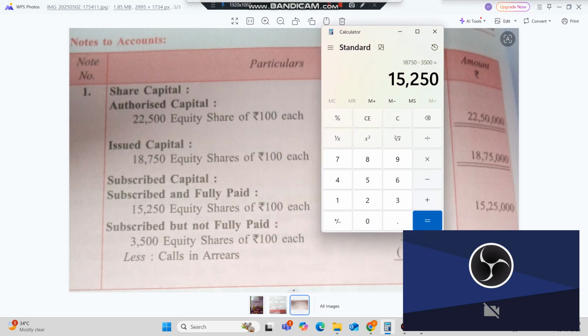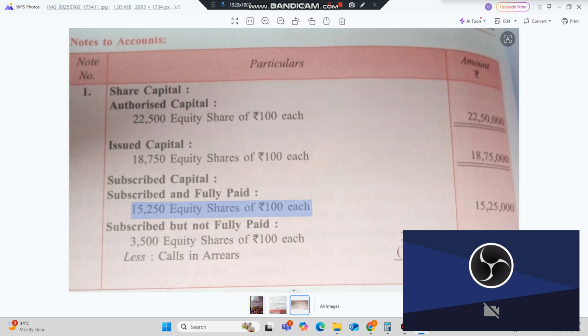And the next portion is subscribed but not fully paid. How much is not fully paid? That is 3,500 shares, which we also deducted from the previous amount. So 3,500 into 100 is 3,50,000. And less calls in arrears. What are the calls in arrears? The first and final call not yet received.